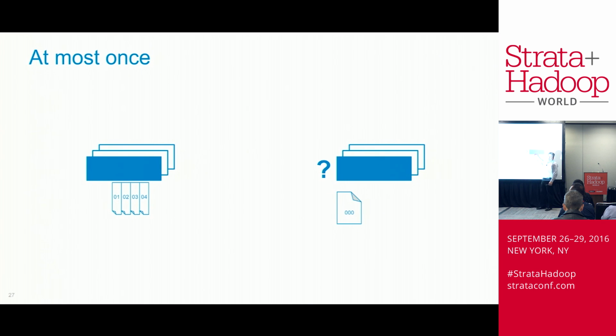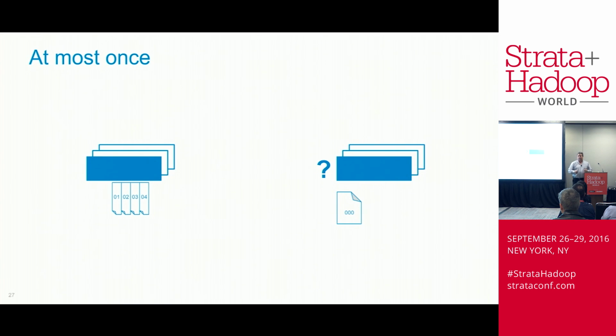Well, when I go to save it, it fails. This system goes down. But I've already told my queue, my source, I got it. So when that database comes back up, that data platform comes up, the app comes up, whatever, it's going to go, okay, well, I already sent you number 2, so I'm going to start at number 3. Over here, I've only got 1. So I sent it at most once.